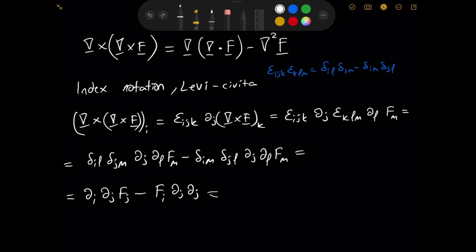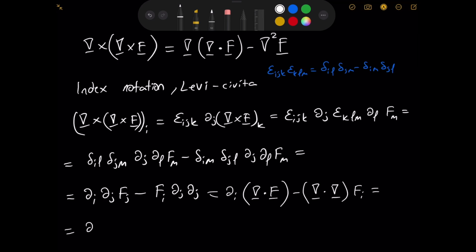And that happens when we're doing an inner product, a dot product. So we have del i, and this is nothing but the divergence of f, minus, again the same business here, del j del j, and then we have f i.